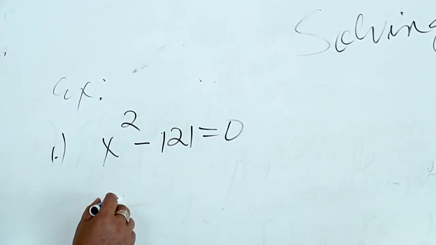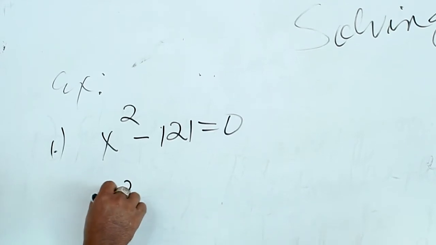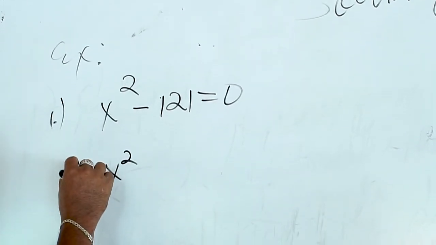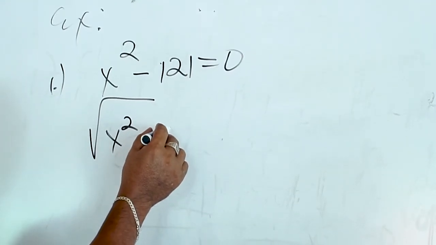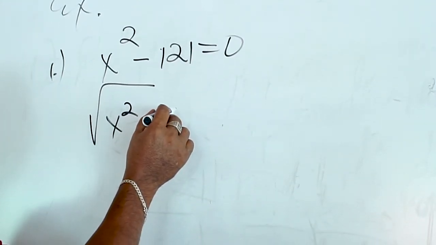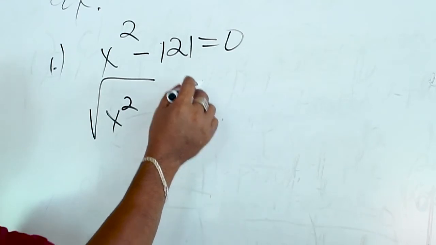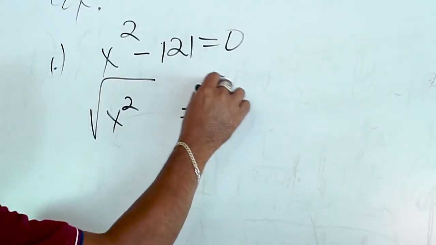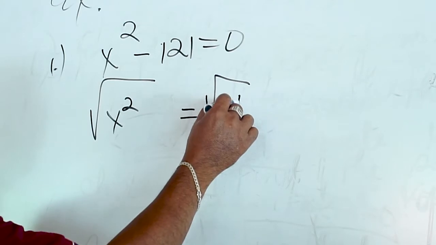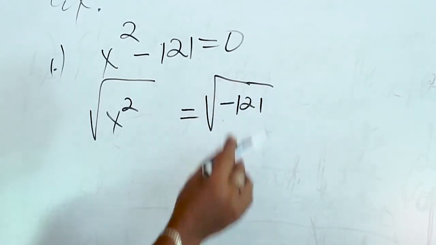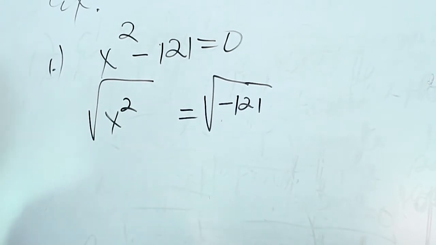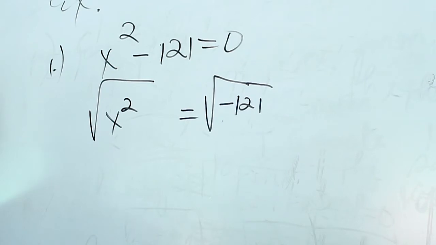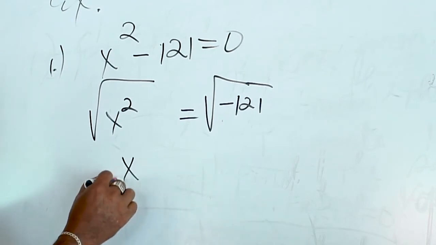So the square root of x squared is equal to the square root of 121. The square root of x squared is x.